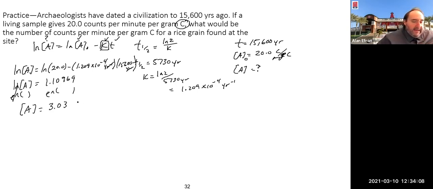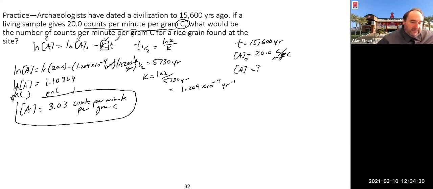That's going to give us a final answer of 3.03, and at this point the units would be the same units that we have here, so this would be 3.03 counts per minute per gram of carbon. So it'll be something like that. Again, we do see that it decreased.